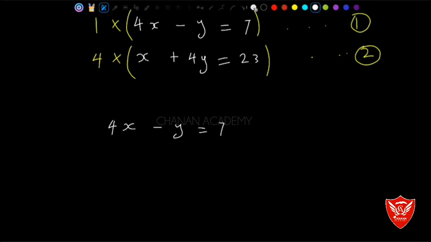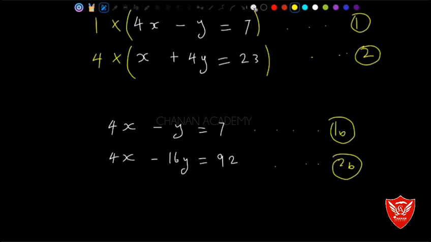When we do the same for equation 2, 4 multiplied by x, we have 4x, 4 multiplied by 4y, we have 16y, equal to 4 multiplied by 23, we have 92. The first equation will now be 1b, and this will be equation 2b.